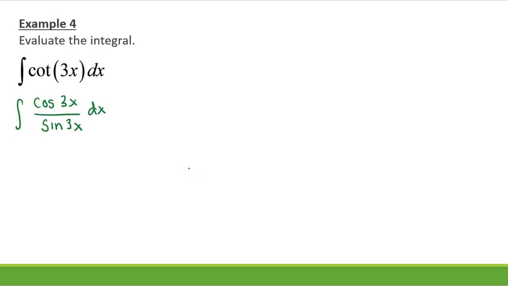So now what you want to do is make your denominator your u, and make the whole denominator your u. So du is the derivative of sine, which is cosine 3x times 3 dx.